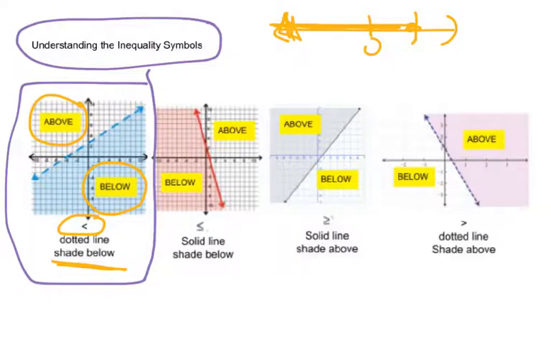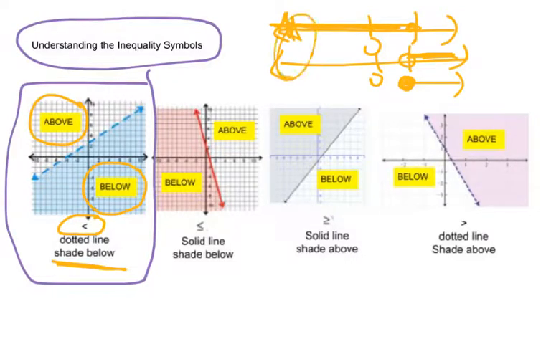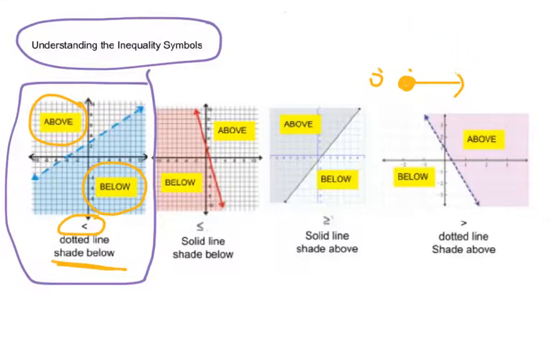And remember also that when we did the graphing on the number line, we either had an open circle or sometimes we had a closed circle. So instead of circles now, we're going to have either dotted lines or solid lines.